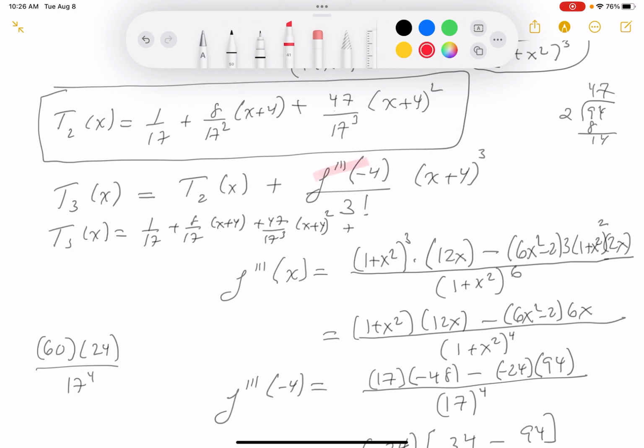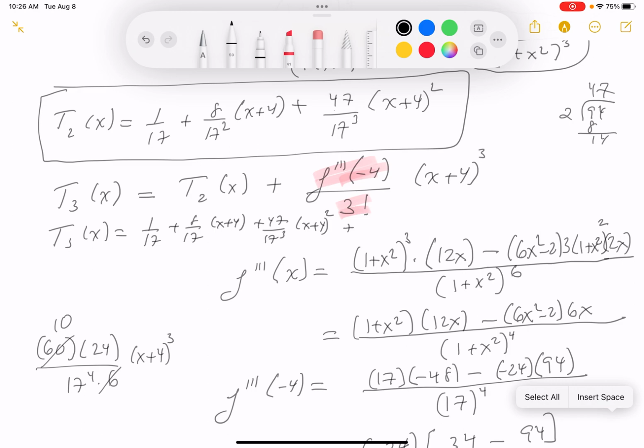Let me tell you what I just wrote down. This part over here, 3 factorial is just 6. I'll write that down for you. And then you're going to get (x plus 4) to the third power. What's nice about this, 6 goes into 6 once, and into this 10 times. So you get plus 240 over 17 to the fourth power, (x plus 4) cubed.